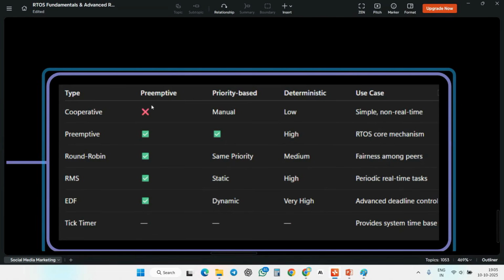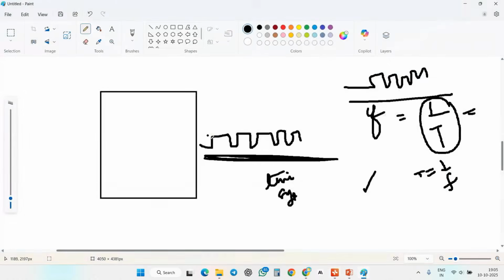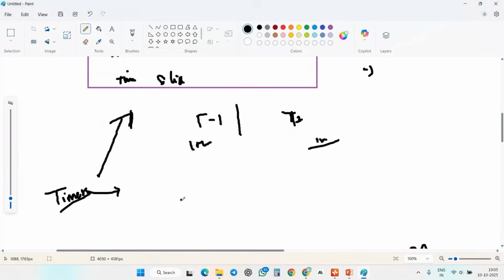And the round robin technique is also preemptive because it preempts the task, right? Time slice with the same priority. So for round robin, keep in mind that it only happens among tasks of the same priority. And determinism is very low because we can't tell when the task is actually going to be completed.